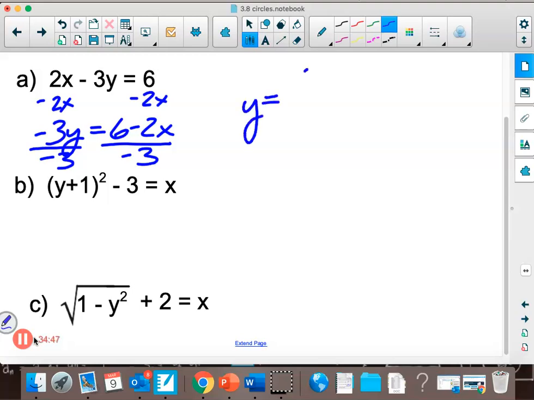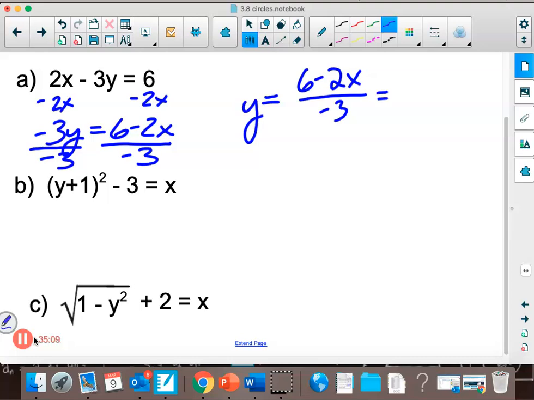Now, all it said was solve for y. So if I leave my answer (6 minus 2x) over -3, is that right or is that wrong? That's right. Solve for y. However, if we were trying to graph this equation of this line, it would be nice if it was cleaned up a little bit, maybe written in slope-intercept form.